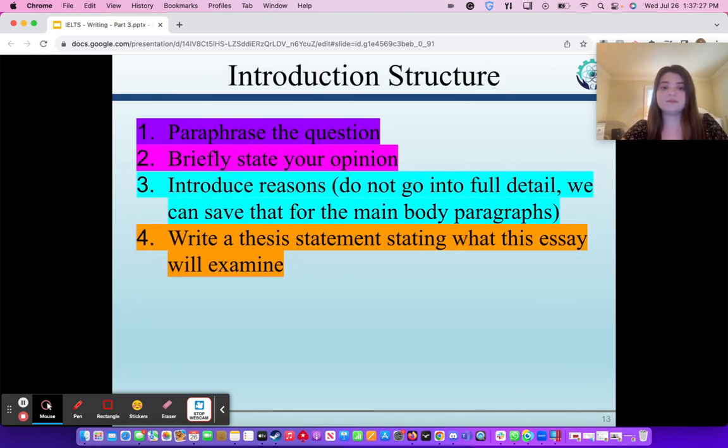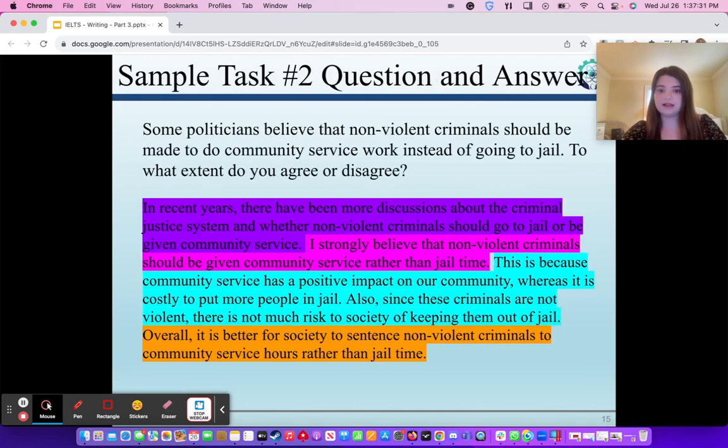All right, and let's move on to blue. So we need to introduce our reasons without going into full detail about our reasons. So my reasons, it says this is because community service has a positive impact on our community, whereas it is costly to put more people in jail. Also, since these criminals are not violent, there is not much risk to society of keeping them out of jail. So those are my two reasons.